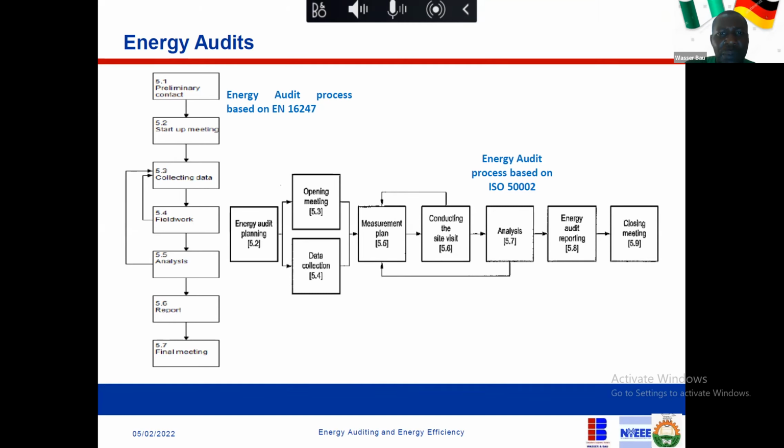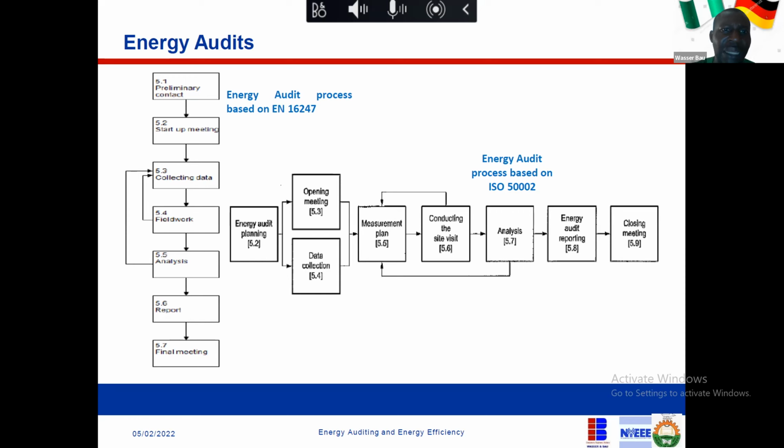If you take a close look at them, they are just the same, but with small variation. These are the general way of conducting an audit. And when I say energy audits, I want you to begin to interpolate it with other auditing, general auditing. This is how it is done, only in some instances you have a small rigidity in them.